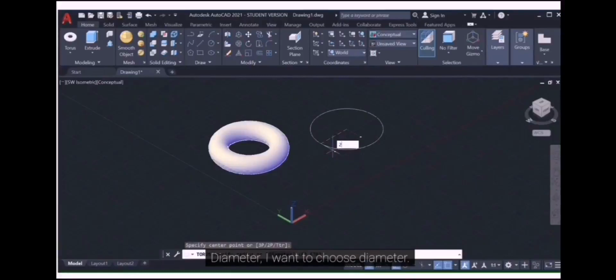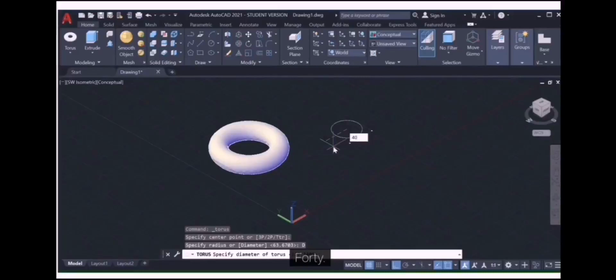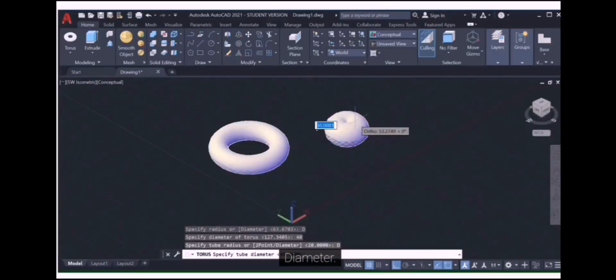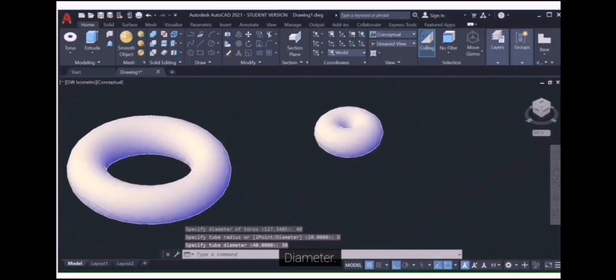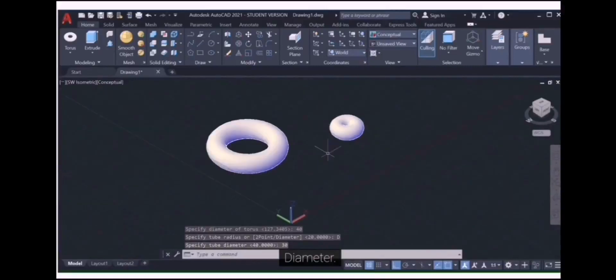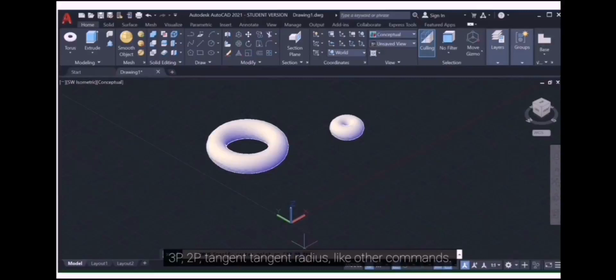I want to choose diameter, 40, and diameter, 30. 3P, 2P, tangent radius, like other commands.